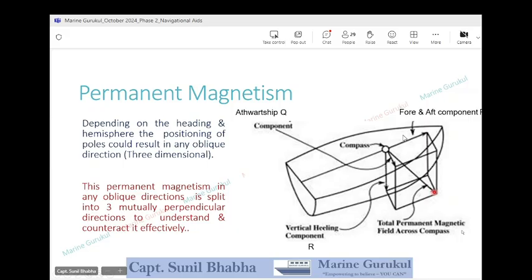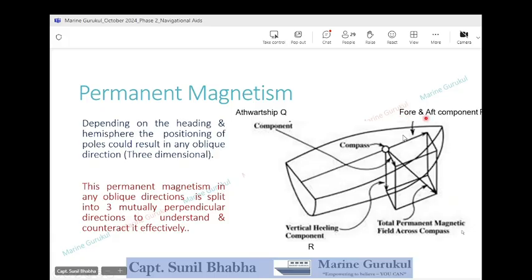Now to counter, rectify, or correct this permanent magnetism in any oblique direction, we split it up into three mutually perpendicular directions. One component is in the fore and aft direction.